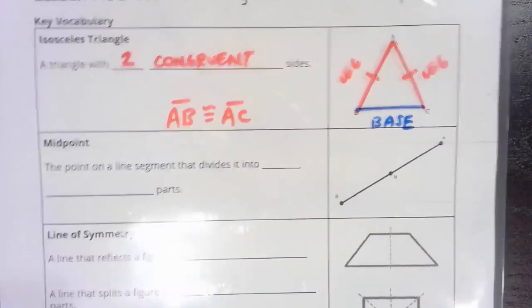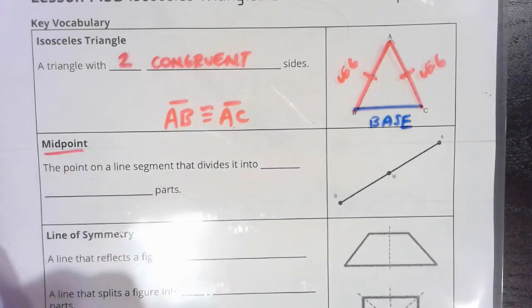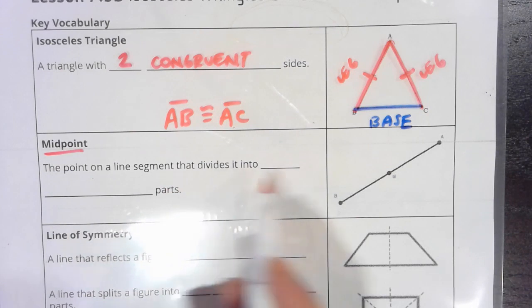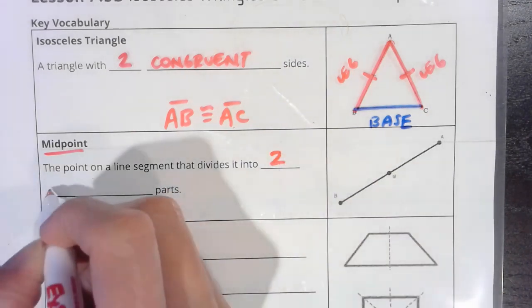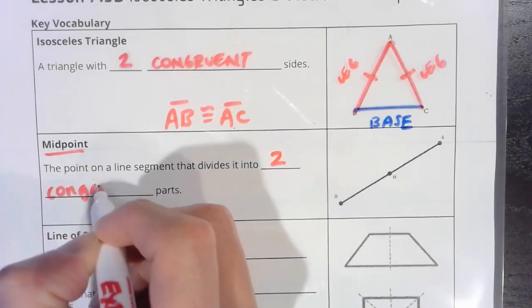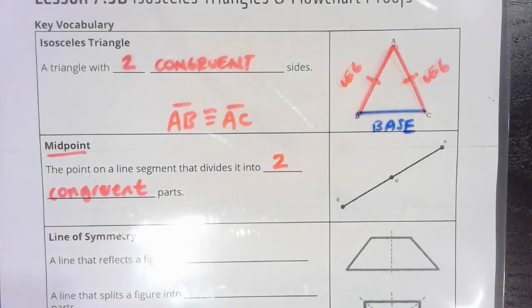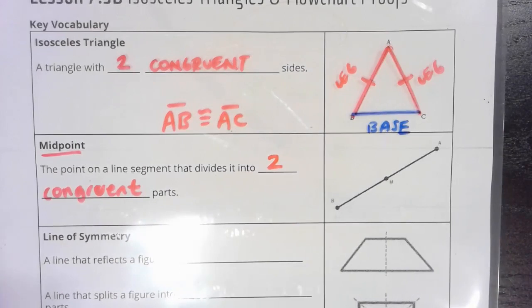The next term is a midpoint, and a midpoint is the point on a line segment that divides it into two congruent parts. That's like saying dividing it into two equal halves.